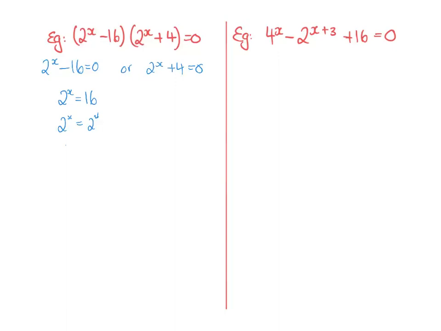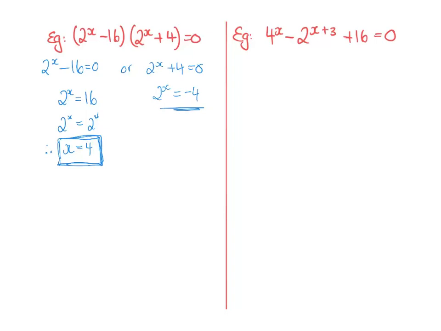So we could say x equals 4. And we could also look at here, 2 to the power of x equals negative 4. But we can't match these, so therefore this is not an answer. So we only have one answer for this, and that's x equals 4.